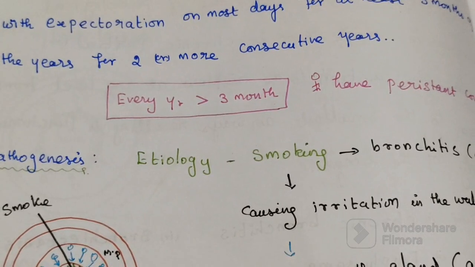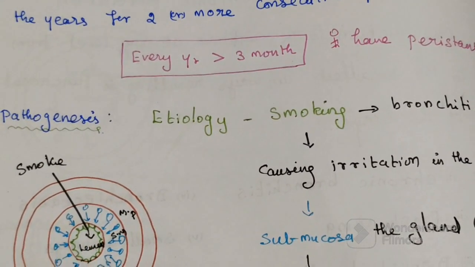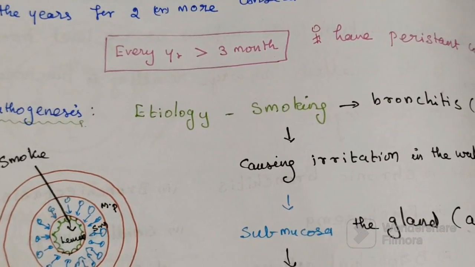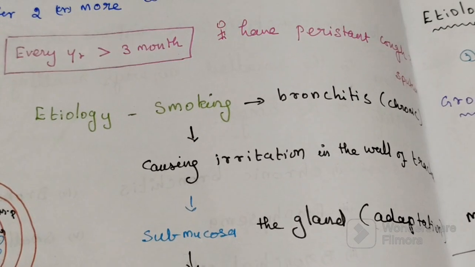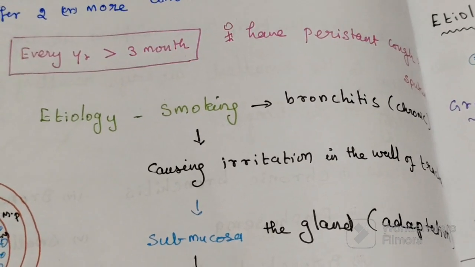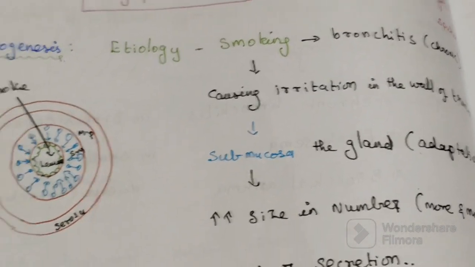So out of 12 months, every year for more than 3 months, the patient has a persistent cough with sputum, or cough with expectoration.